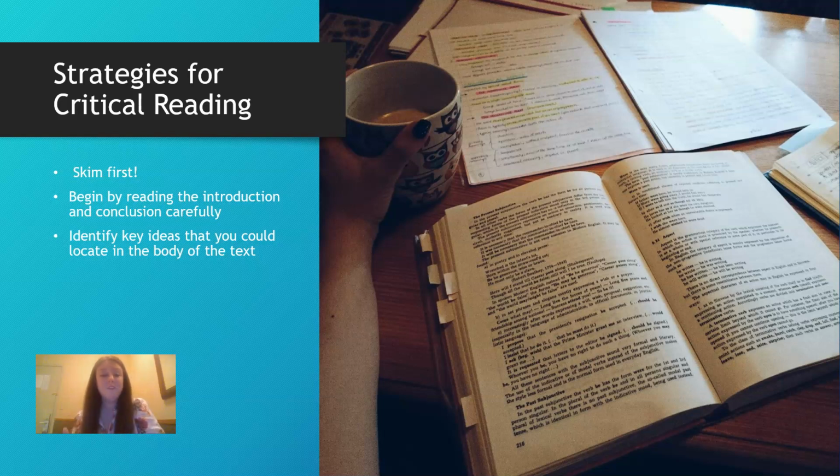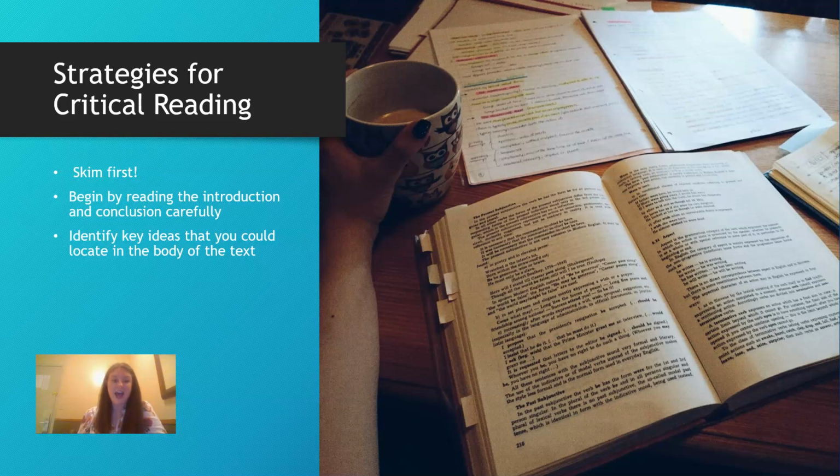And even though you might have a text that's 10 pages, 20, 30, or even 40 pages, you want to skim first. Oftentimes our immediate response is, I'm going to read this word for word. I am going to make sure I remember every single thing that the author said. No, don't do that, because that's going to be very time consuming, especially if you're just trying to see if a source is relevant to your research.